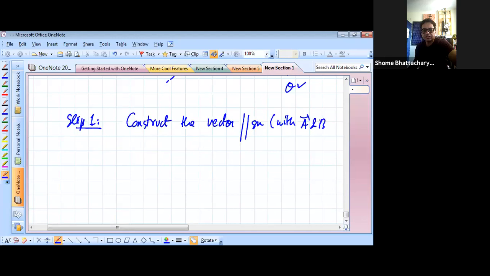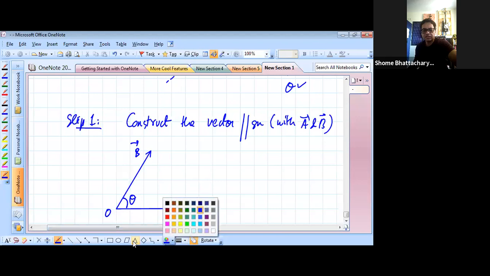So to construct the vector parallelogram, this is what we do. We first draw both the vectors A and B from a common origin. So instead of drawing them one after the other or head to tail, we draw them from a common origin. So this is vector A and this is vector B. And this is the angle theta between them. And then to make a vector parallelogram, we take two more vectors A and B, which are identical, and we place them like this.